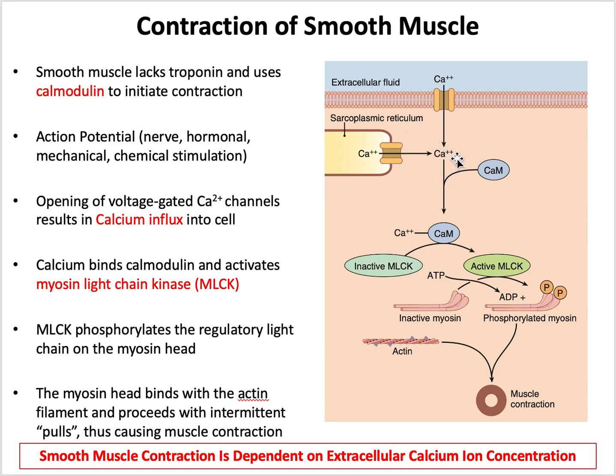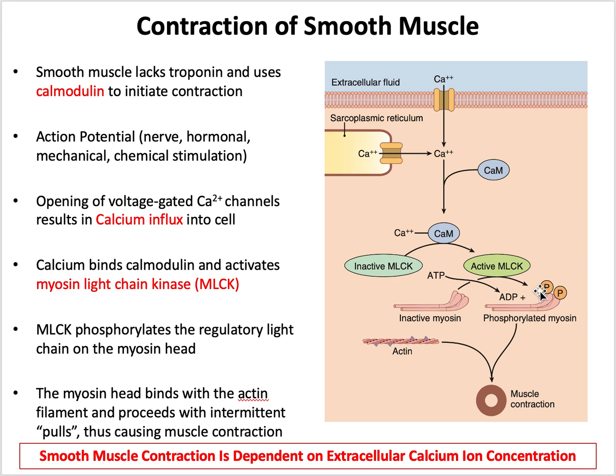Either way, we have calcium come into the cytoplasm of the smooth muscle cell. And instead of calcium binding to troponin, like we saw in skeletal muscle, we don't have troponin here. Calcium will bind to a calcium binding protein called calmodulin. Calmodulin will then, once bound by calcium, activate myosin light chain kinase. And a kinase is an enzyme that phosphorylates substrates.